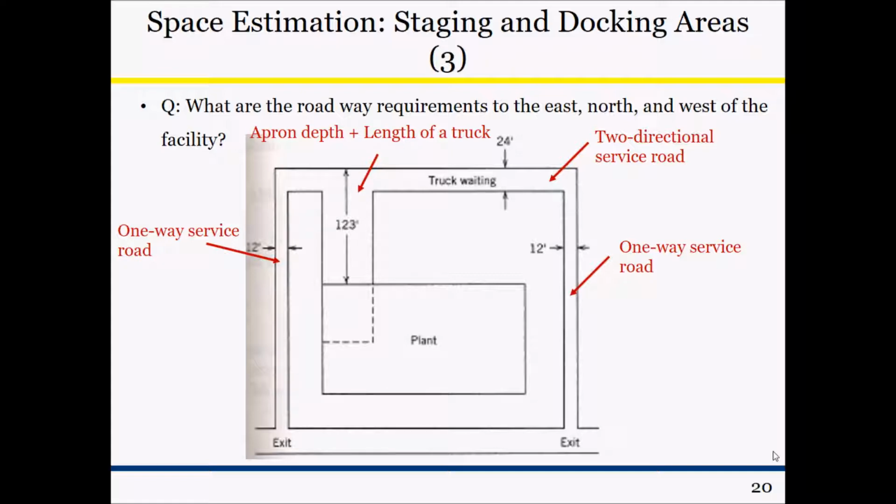As you remember, the apron depth is given by the truck guideline, so we can easily find the value, and the combination of 63 and 60 is 123. That's how we got the 123 here.